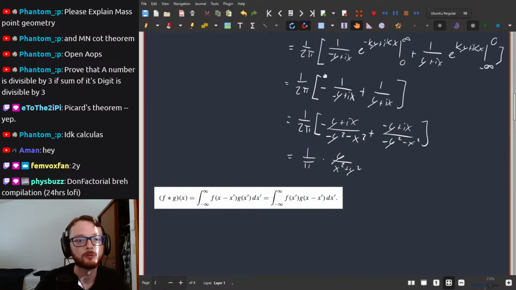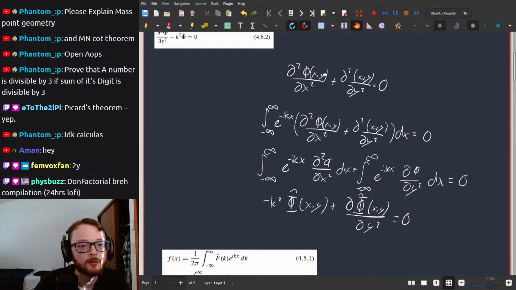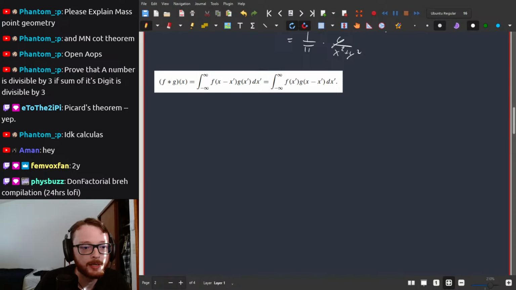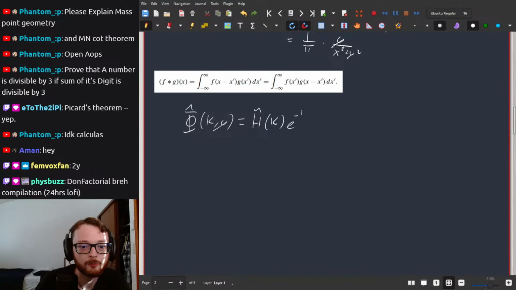So where are we at? We are at capital phi hat of k, y is equal to capital H hat k, the Fourier transform of the boundary condition, times e to the minus absolute value ky.